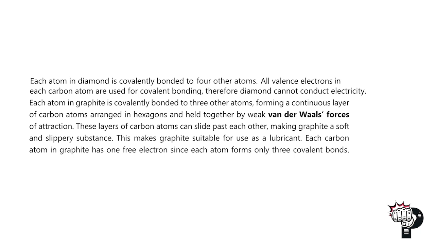All the valence electrons in each carbon atom are used. Therefore, diamond cannot conduct electricity. For graphite, on the other hand, each atom is covalently bonded to 3 other atoms. This leaves 1 electron free, and this electron will be able to move about and conduct electricity.